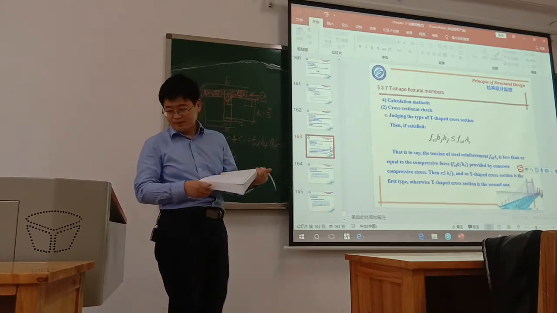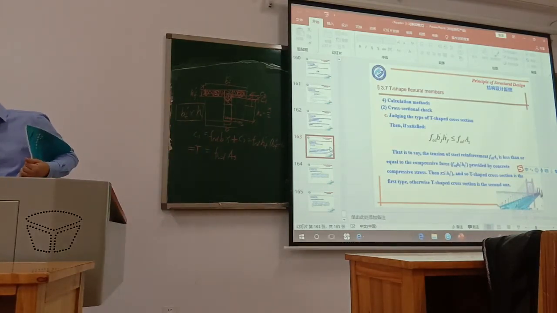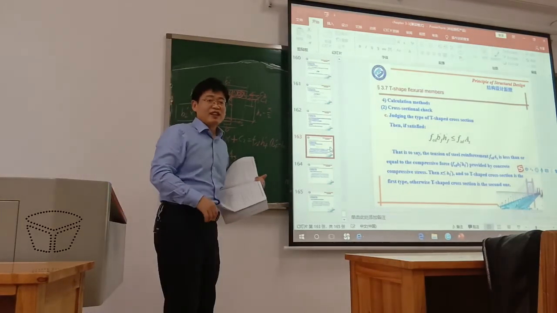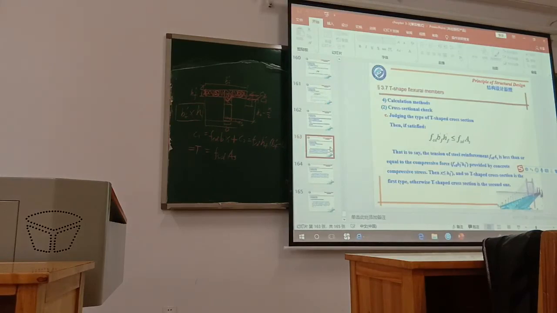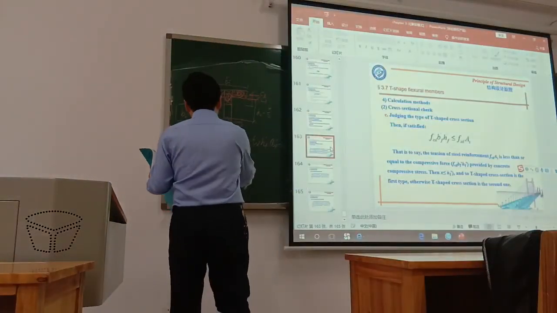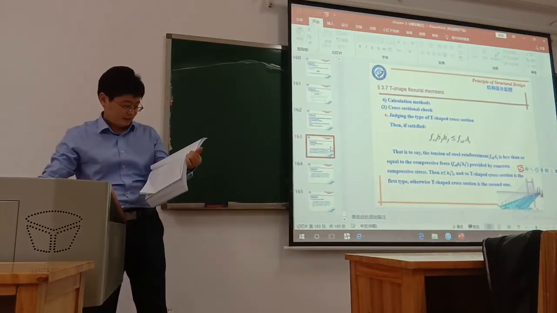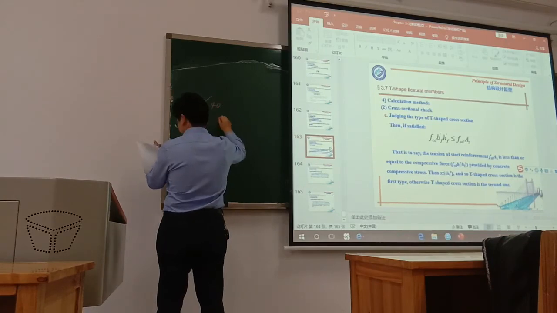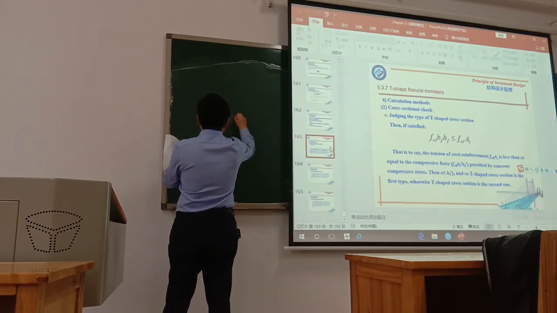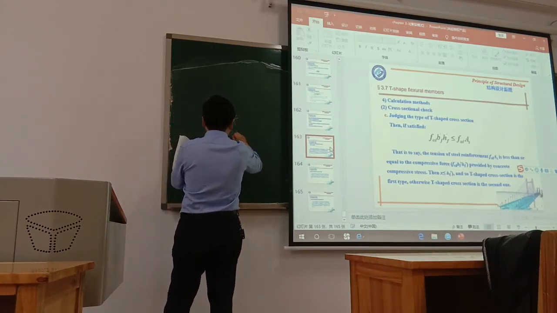So now, if we change some values and make it as a homework, we can use concrete C40 and reinforcement HRB 335 and M equal to 3.